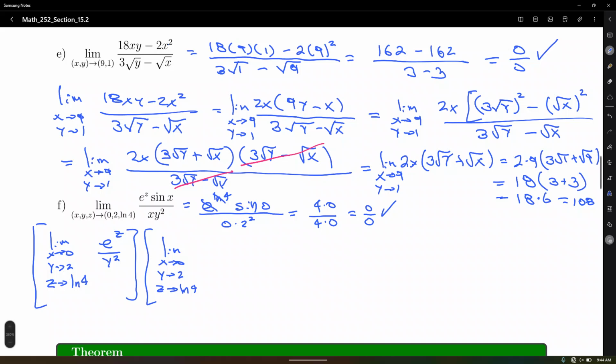I know we need to write all this notation. The notation matters. Only until we do the direct substitution do we no longer write the limit. Sine x over x.